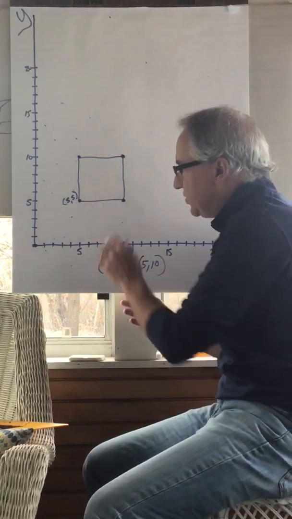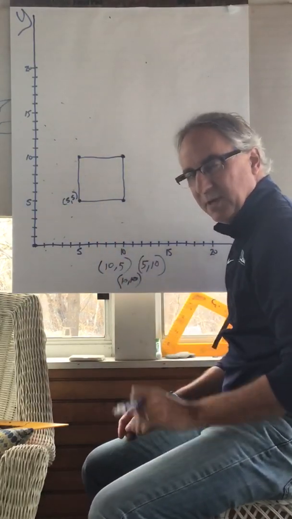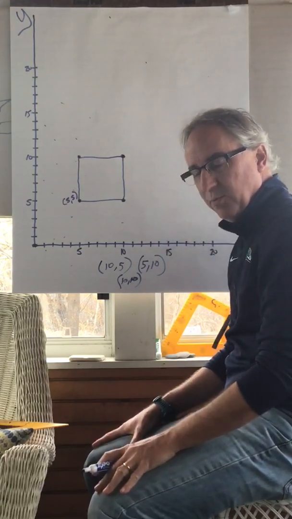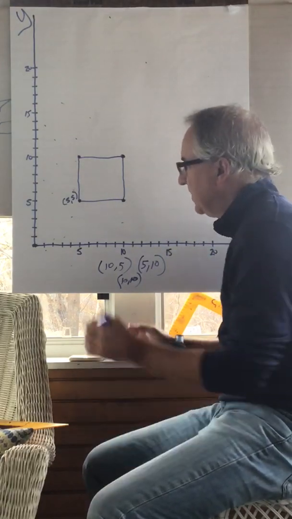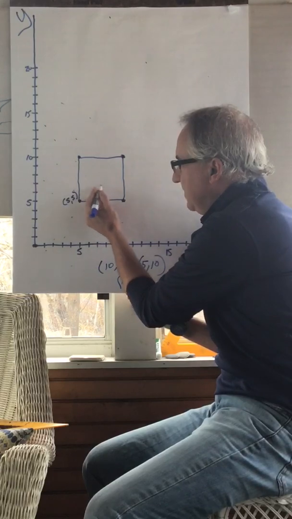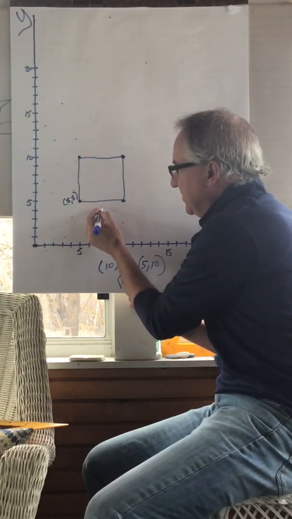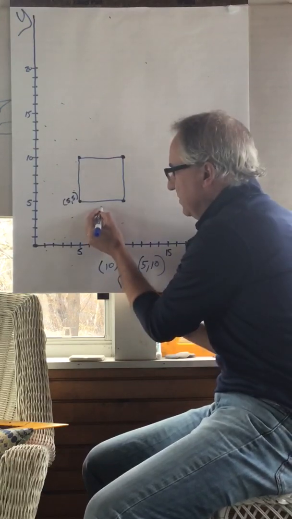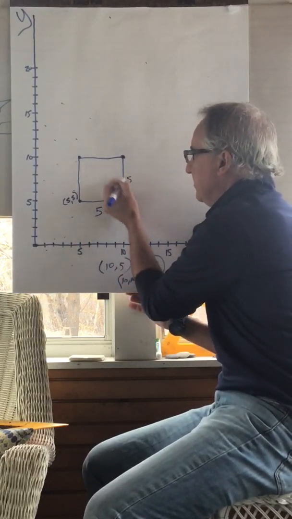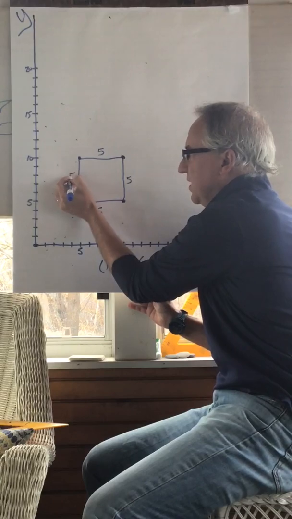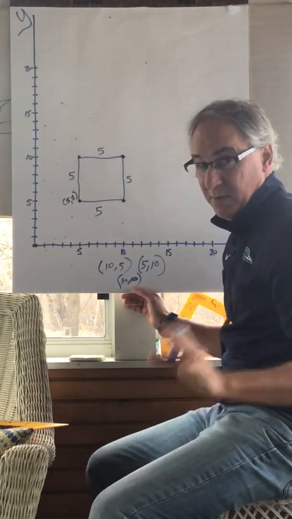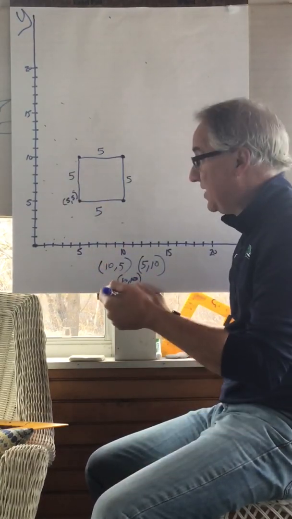Now, I'm not sure you can see the lines, but I'm going to put coordinate grid paper on what you're going to be doing in Seesaw. This is inch graph paper. Now, if I want to find the perimeter of it, it's 5 across here, and 5 across here, and 5 across here, and 5 across here. So if you remember how to find perimeter, we're going to measure around the outside.